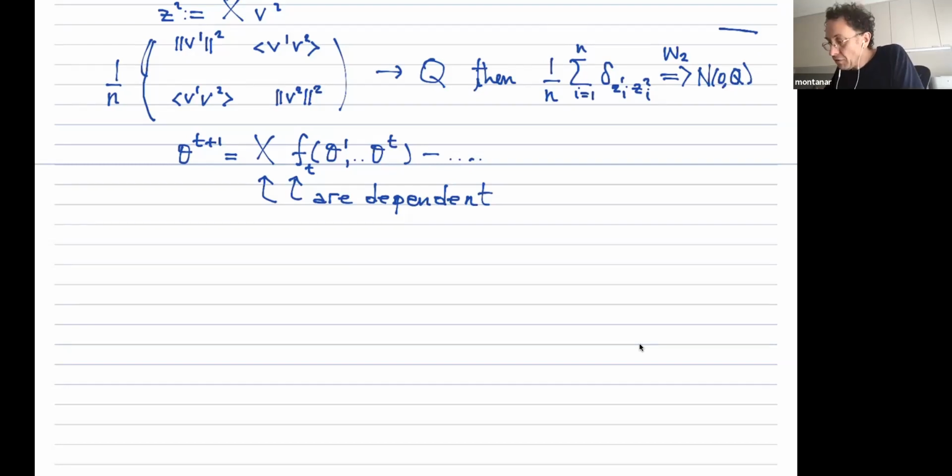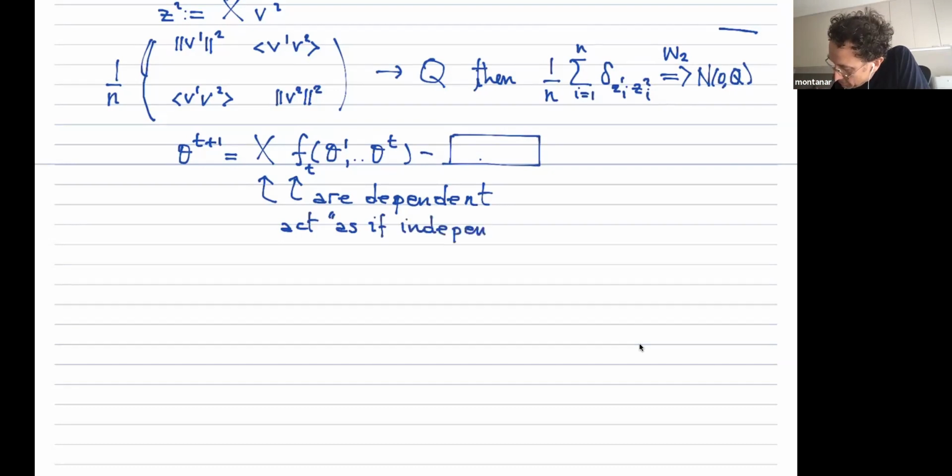But because of this subtraction term, this Onsager term, because of the structure of the term that I subtracted, they act as if independent. So this is the magic somehow.